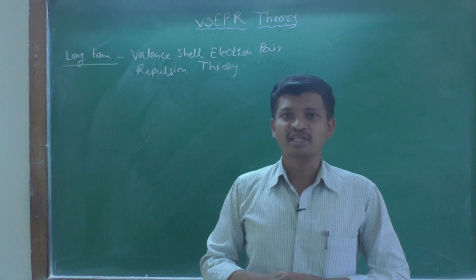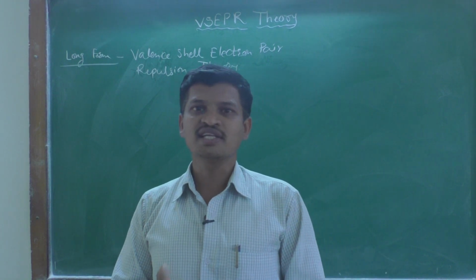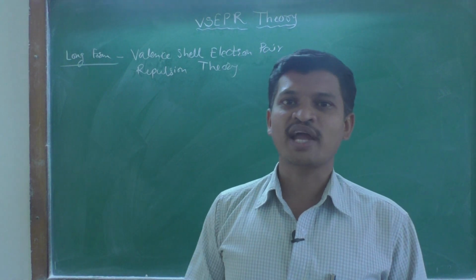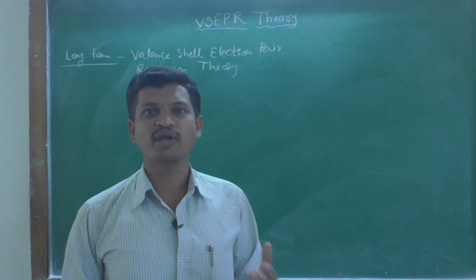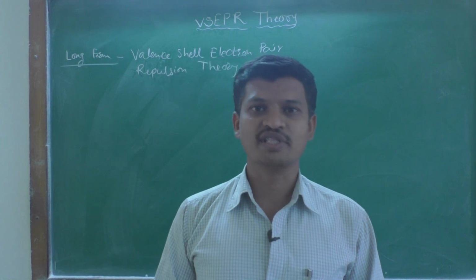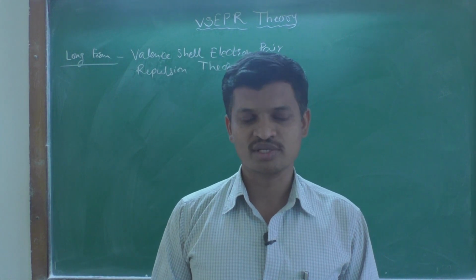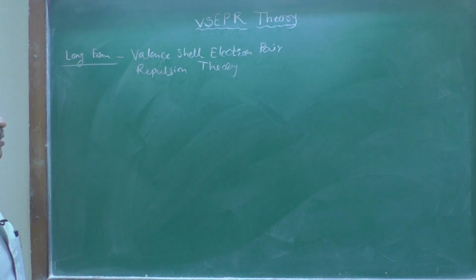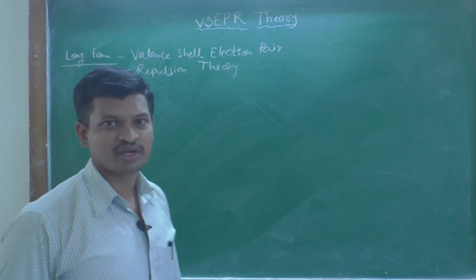The interaction between these valence shells is considered while predicting the shapes of molecules and the bond angles between the combining atoms in covalently bonded molecules. Okay, so this is the central idea of valence shell electron pair repulsion theory.